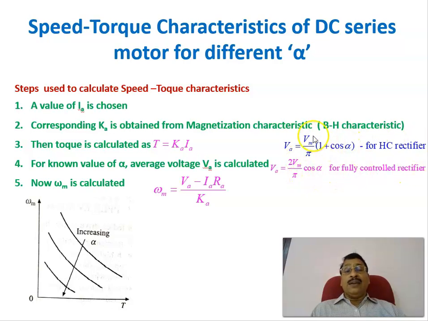Now omega m can be calculated by the equation omega m equals Va minus Ia into Ra divided by Ka. Therefore, you can calculate omega m and torque for different Ia, and that can be used to plot the curve of torque versus omega m for different firing angles.